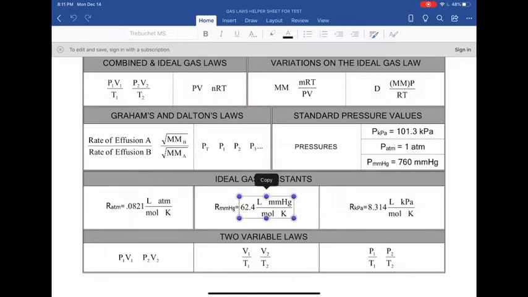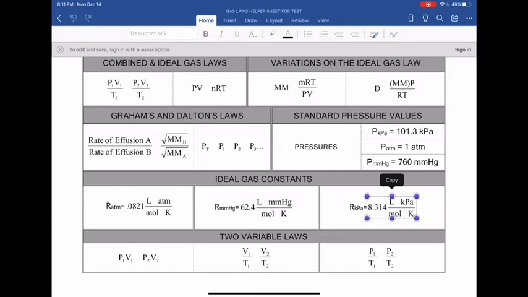If your pressure is given in mmHg, or torr for that matter, since those two are like the same, then you'll use the gas constant of 62.4, okay? If your pressure is given in kPAs, then you'll use the gas constant of 8.314.